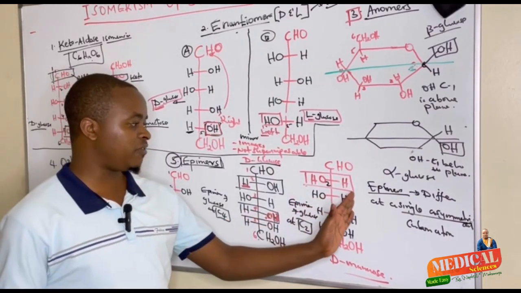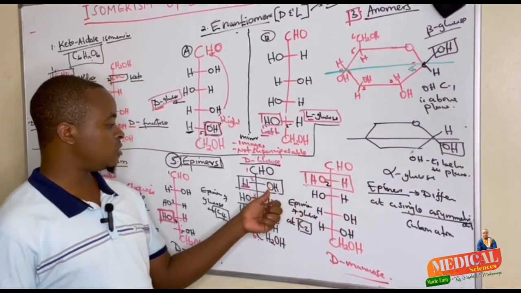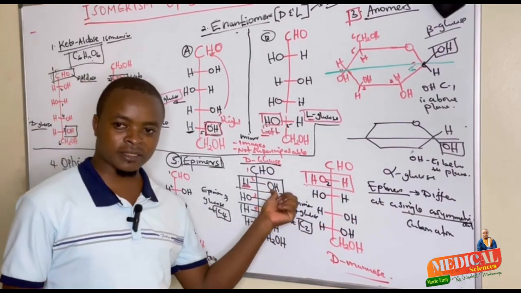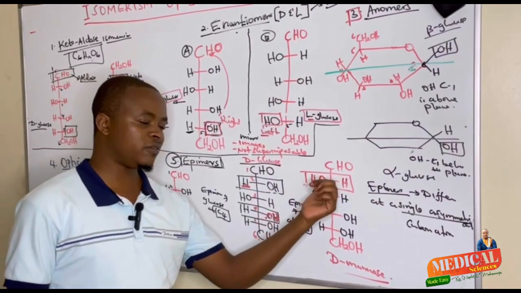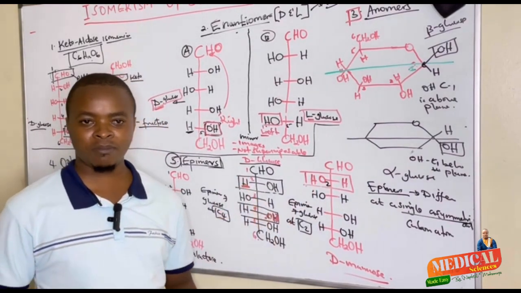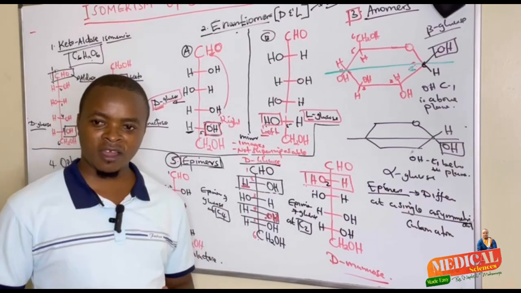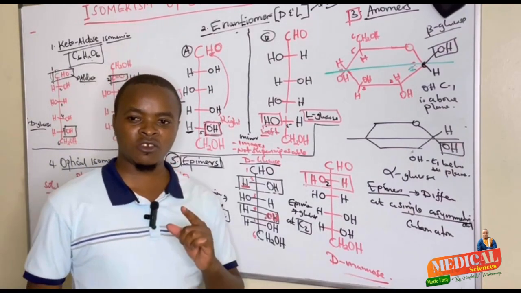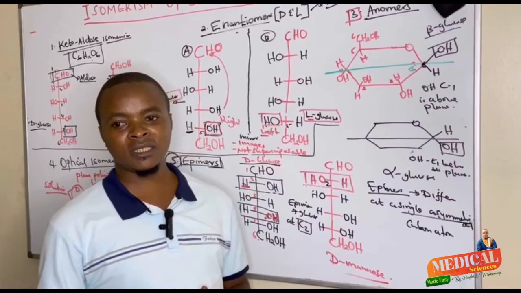And even at carbon number 2, the hydroxyl group, which was on the right, shifts to the left. And this is what we call epimers, differing from each other at a single asymmetrical carbon atom.